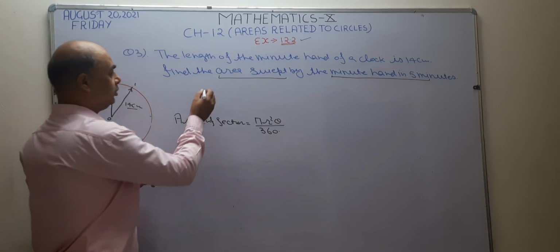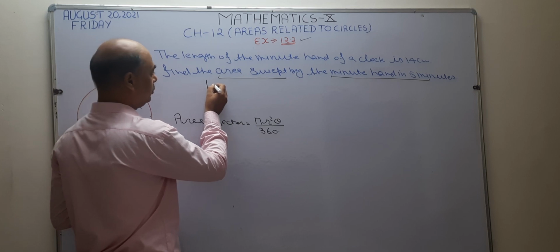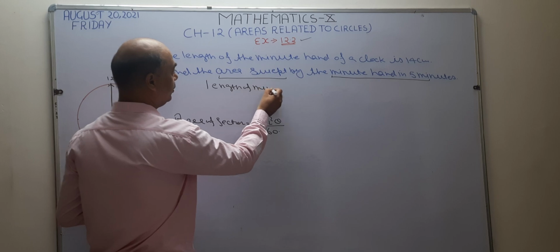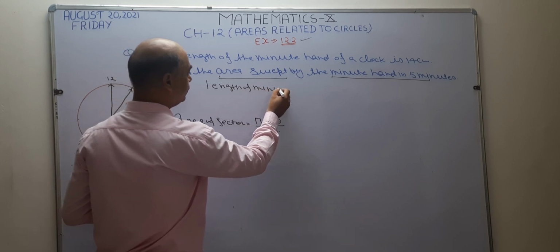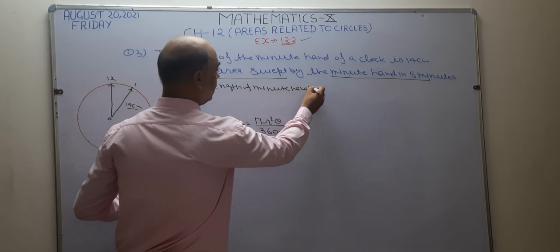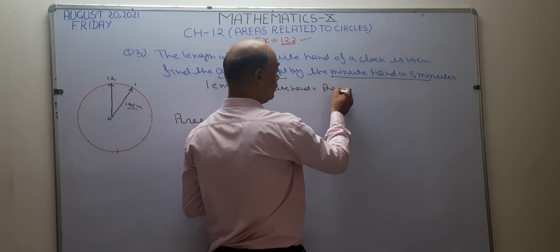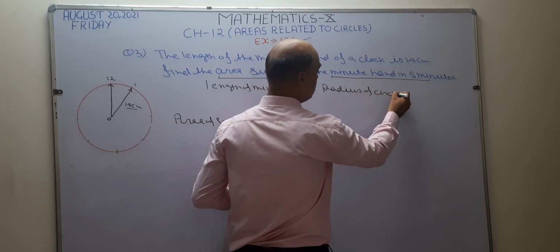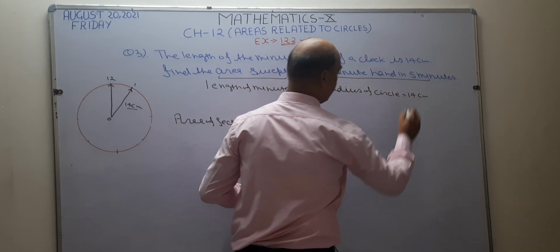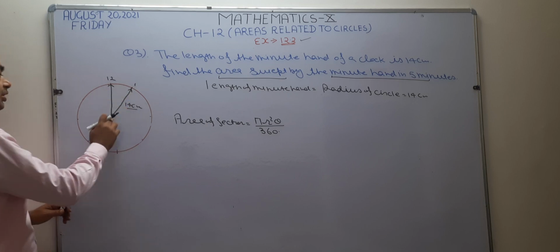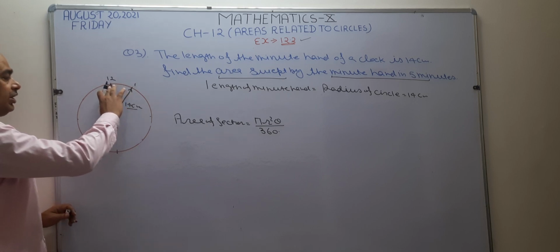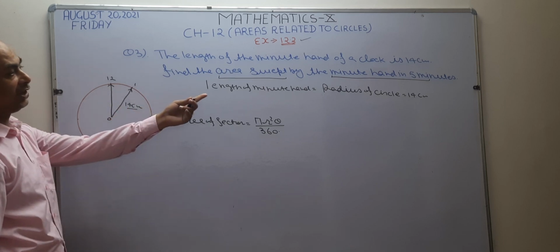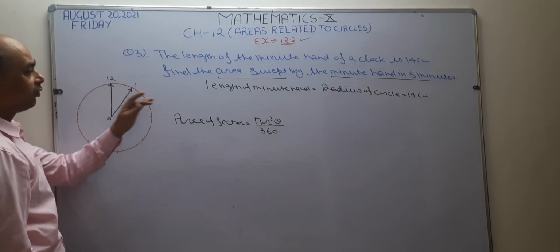So length of minute hand is equal to radius of circle, which is equal to 14 centimeter. This is center to circumference distance, so this is known as radius, and this is the length of the minute hand. It means radius becomes 14.